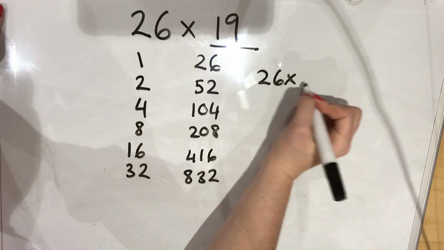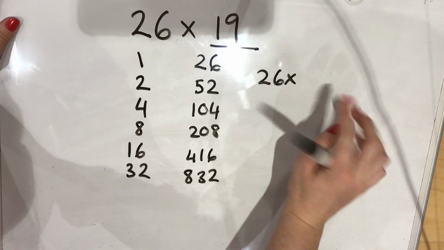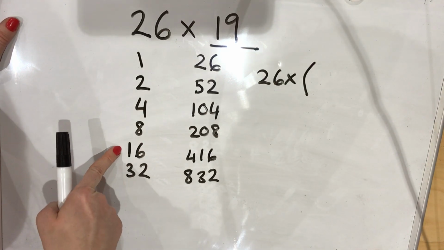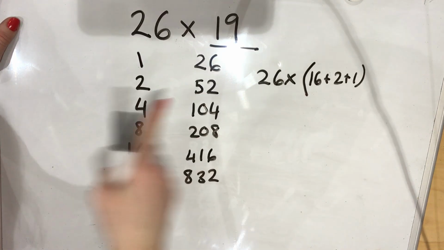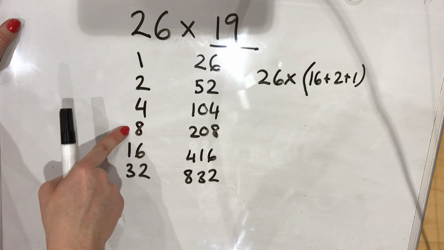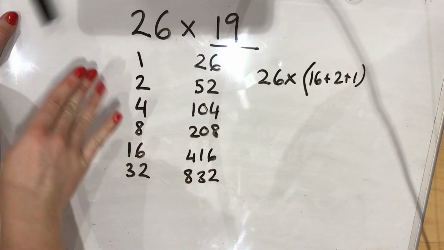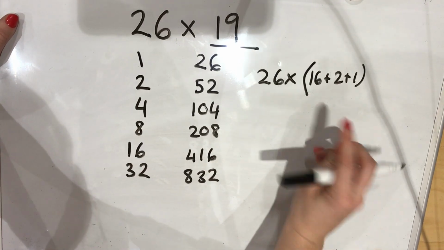So I currently have 26 multiplied by 19, but I'm going to swap that 19 and see which of these numbers will add up to it. So I can see 16 plus 2 plus 1. If you got any others, so for example you did 8 plus 2 plus 1, that is still fine. You can use any of these as long as they add up to that number there.